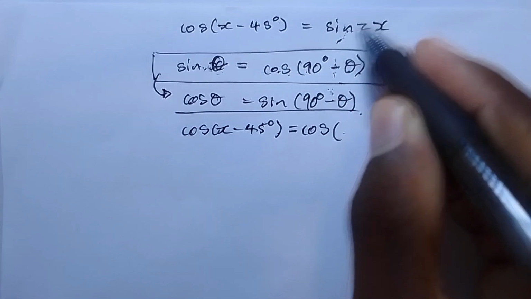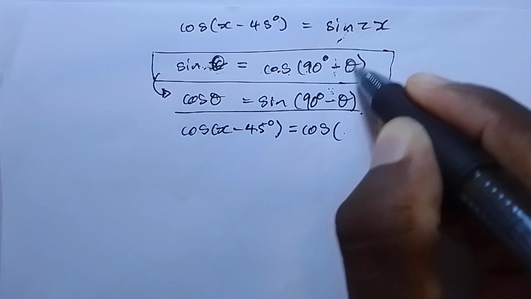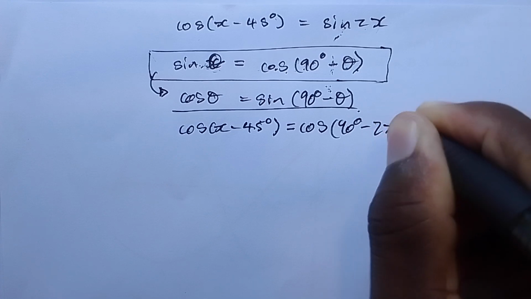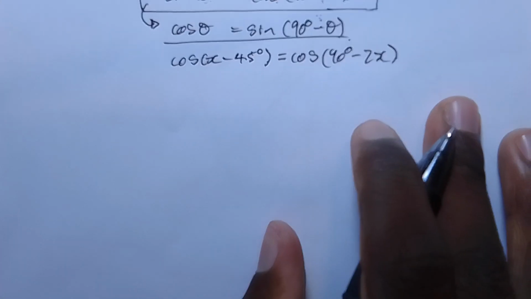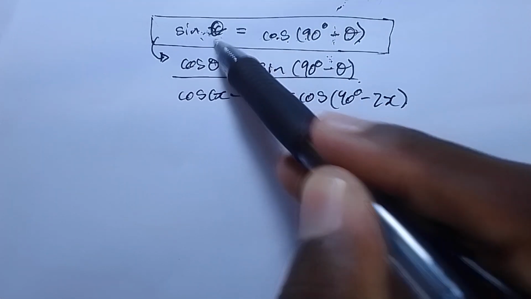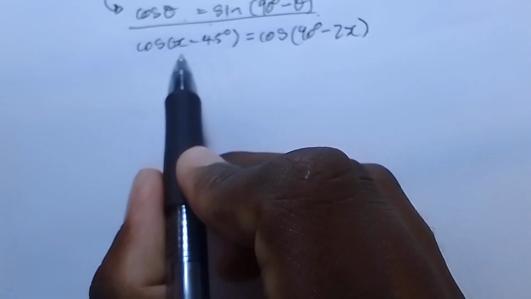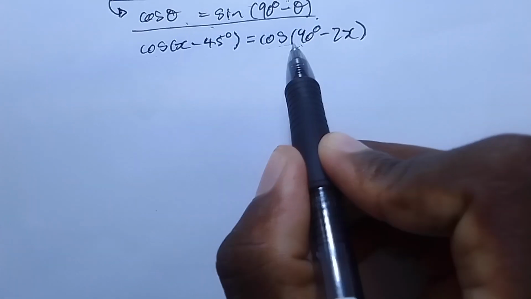Now instead of 2x, we are going to have 90° - 2x. I hope you understand that. We applied this, I just forgot the name of it. Now we have cos this side and cos that side.